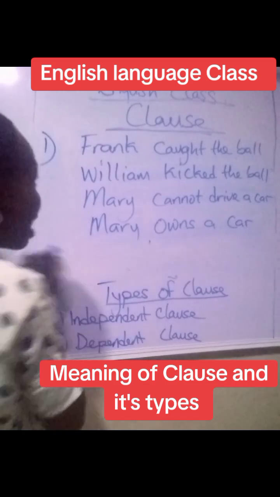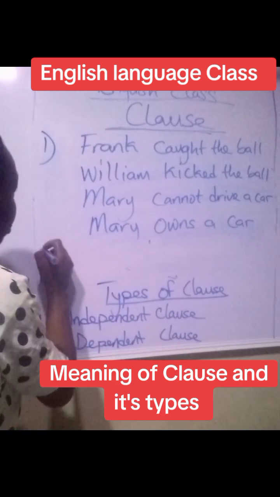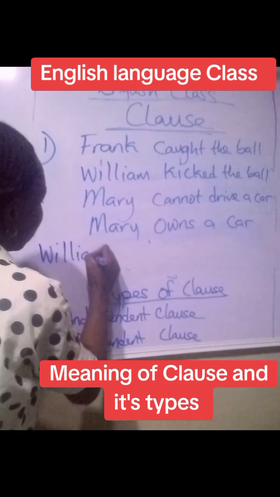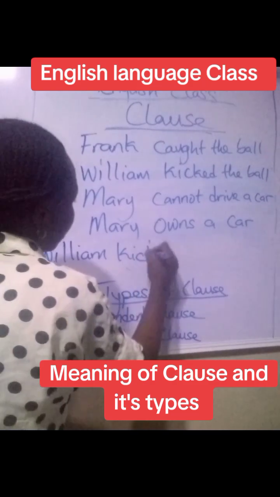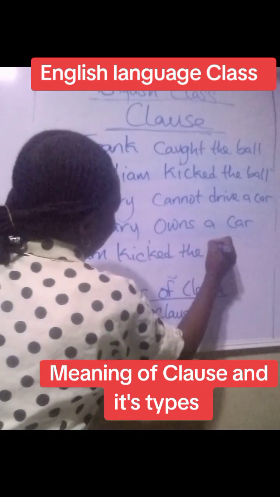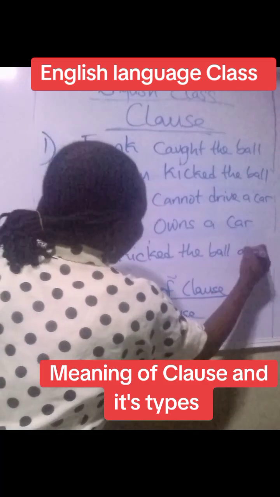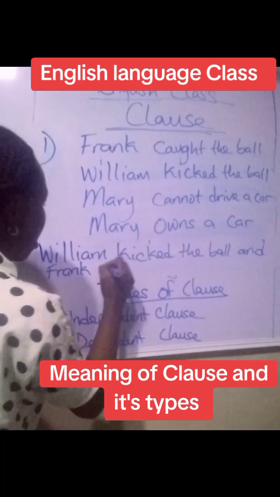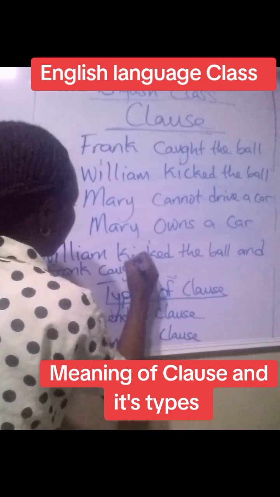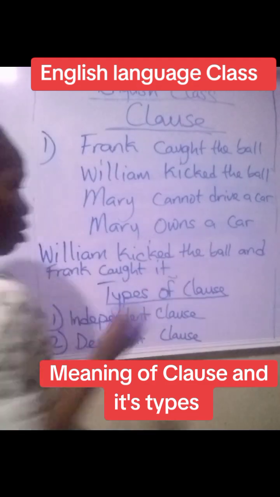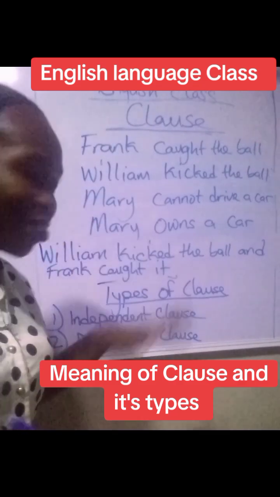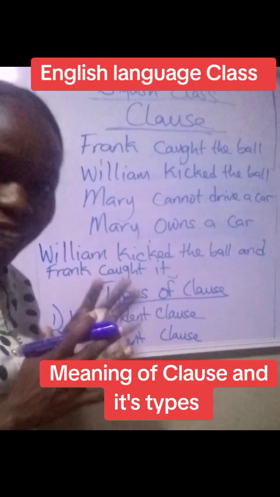For instance, we can say William kicked the ball. Can you see that? And Frank cuts it. Do we get? You can see we've joined two independent clauses together. That is independent clause.